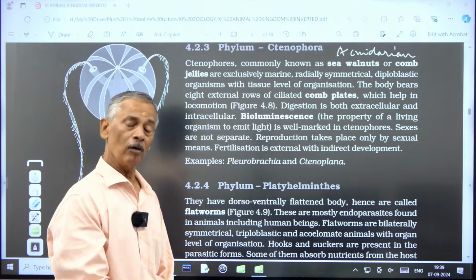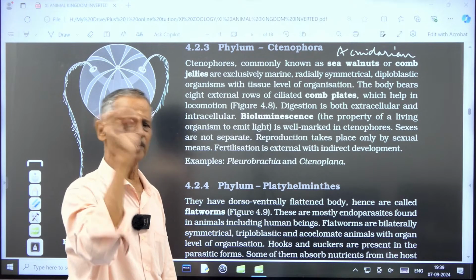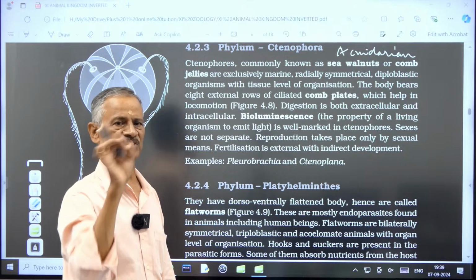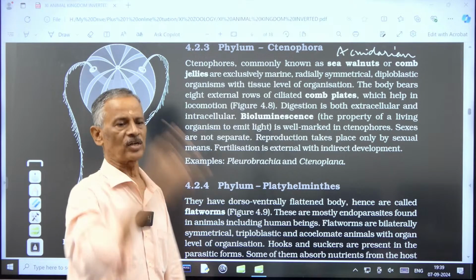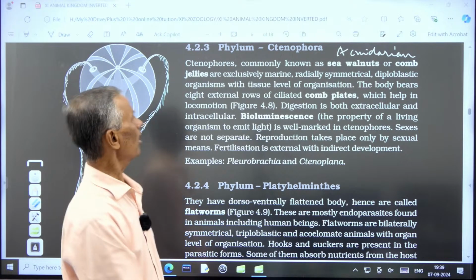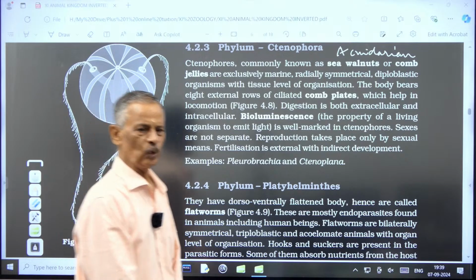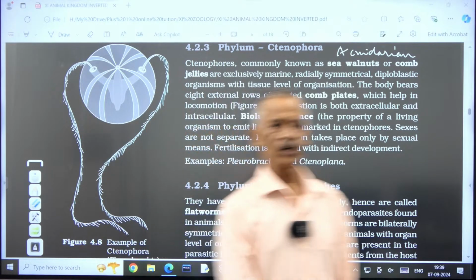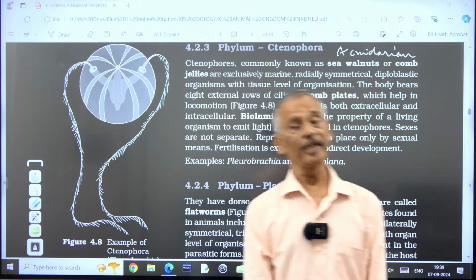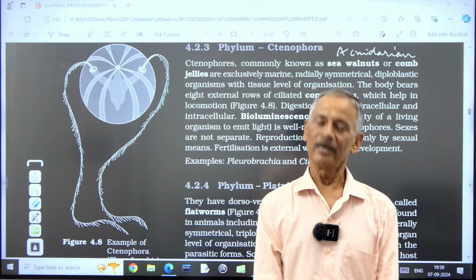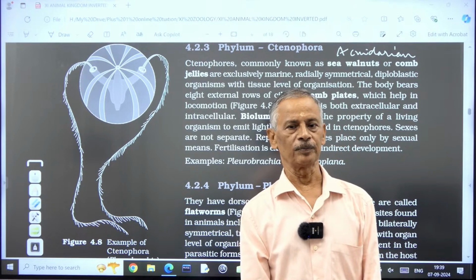They are all marine, exclusively marine. Not a single member is present in freshwater. They are also diploblastic with radial symmetry.